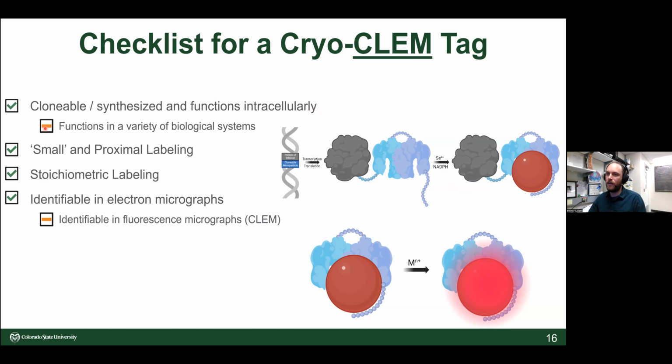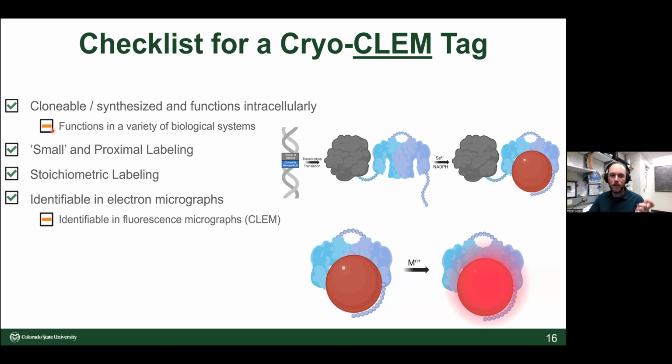I have this orange dashed line for functions in a variety of biological systems. I've only shown you data for E. coli and, by proximity, another bacteria. We have a collaborator working in Drosophila, and there's some promising data there, but I don't have any definitive imaging data to go along with that.